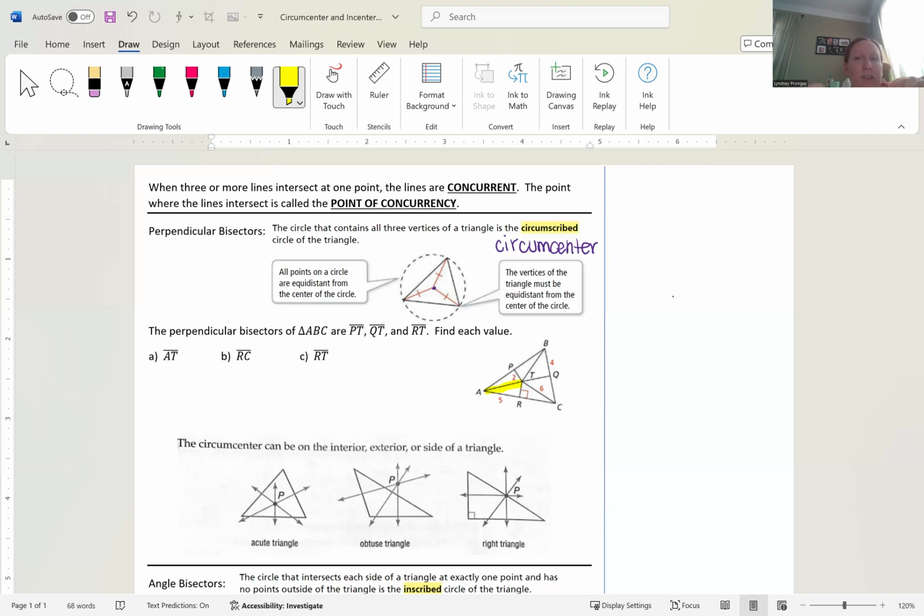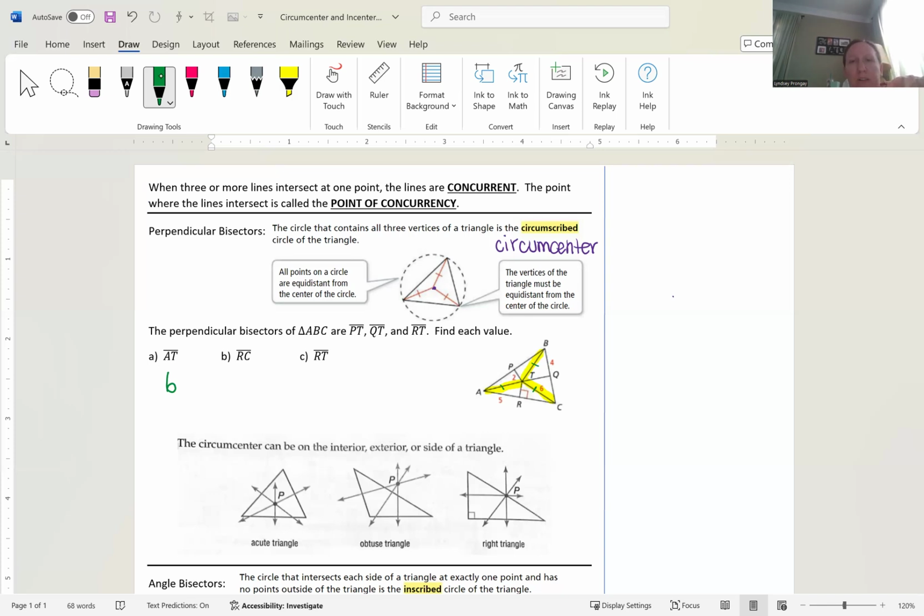We have learned that that is going to be equal to all the other distances from the circumcenter to the respective corners. So in this case, while we don't know AT from the diagram, we can see that CT is 6, which means that AT is also going to be 6. Because that and that and that are equal to each other.